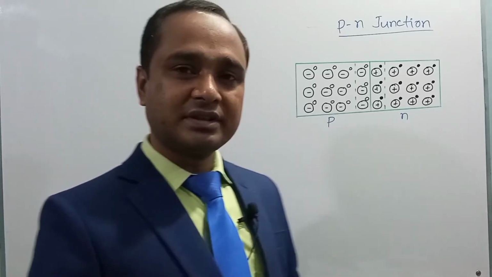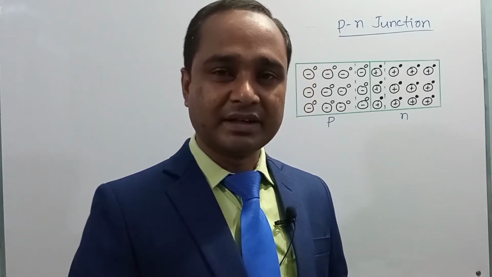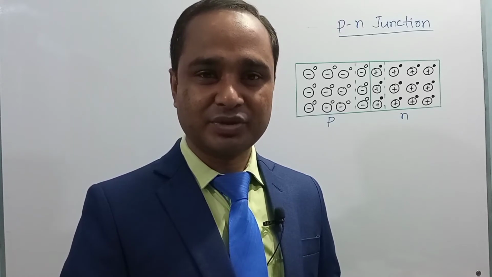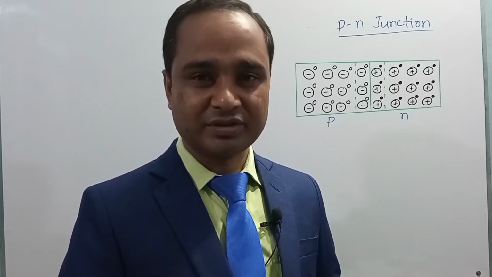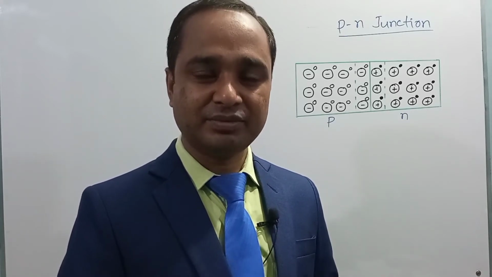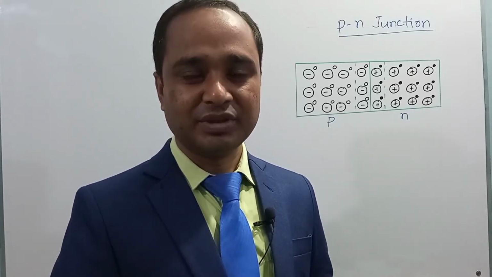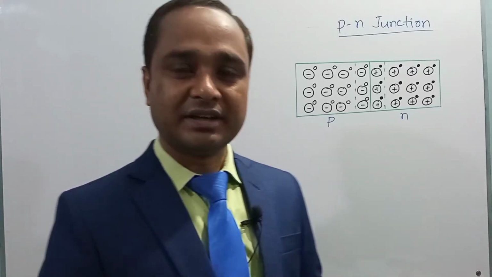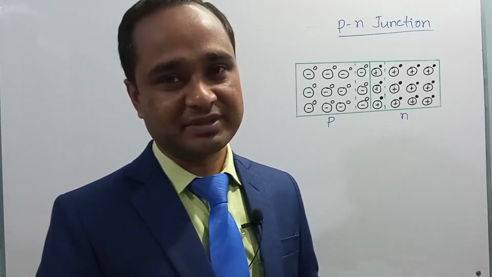If we mix trivalent atoms with the pure semiconductor, then this type of doped semiconductor crystal is called p-type semiconductor. On the other hand, if we mix pentavalent atoms with the pure semiconductor, then this type of doped semiconductor is called n-type semiconductor.